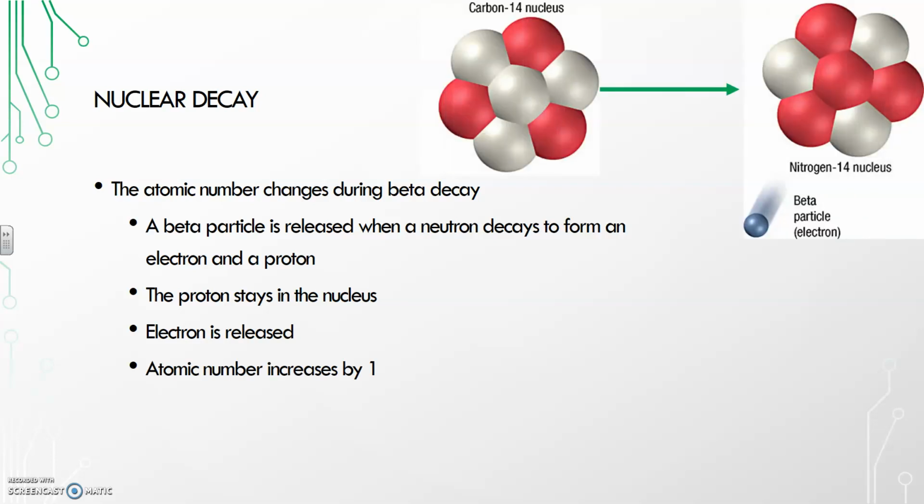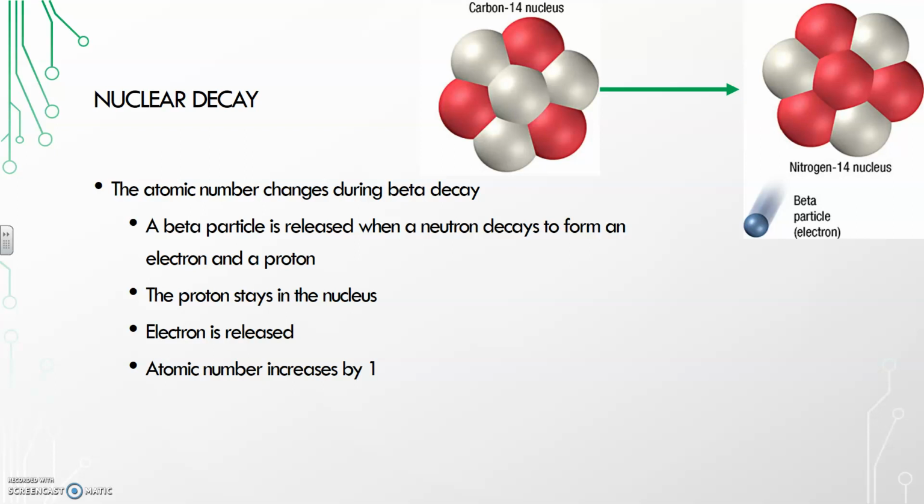For an example here, carbon-14 undergoes beta decay. It's going to release an electron by breaking down one of its neutrons into a proton and an electron. It releases the electron and keeps the proton, so your atomic number is going to increase.